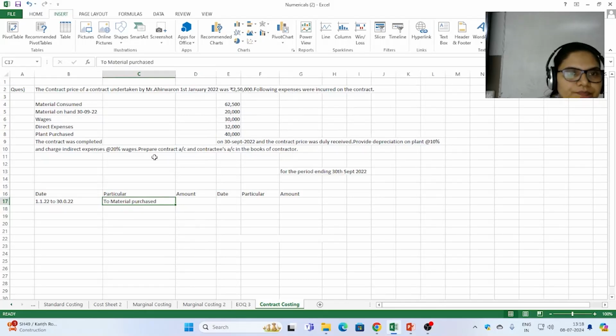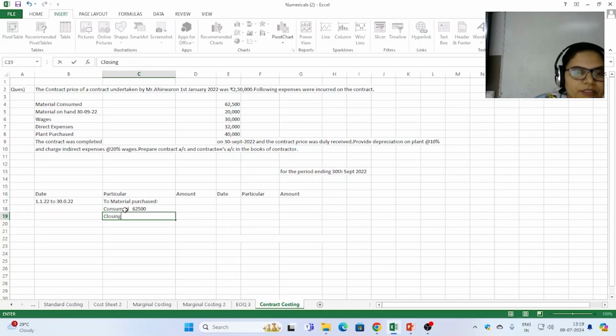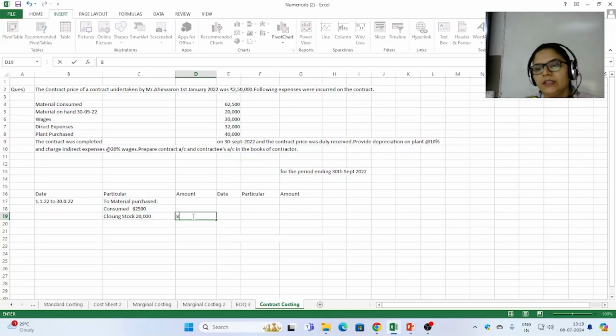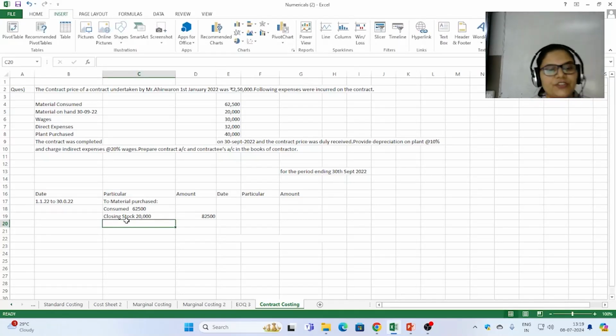First is material consumed 62,500. Next is closing stock 20,000. Now we will add these values and show in the outer column. It is 82,500.